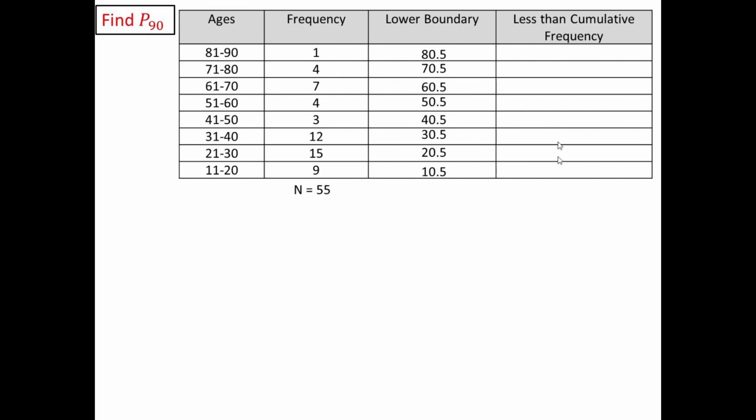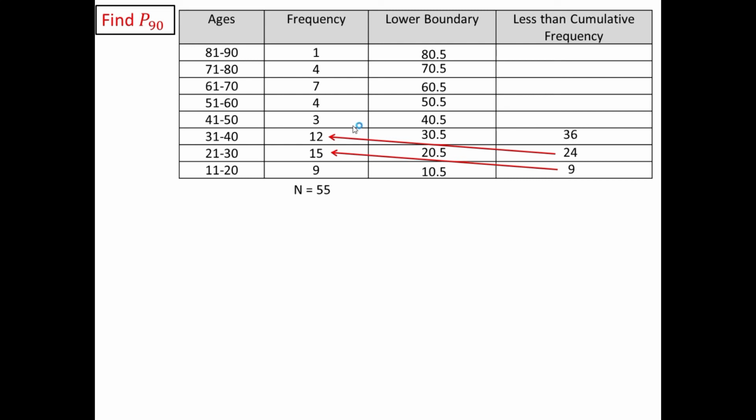Next, punta tayo kay less than cumulative frequency. Start ka sa frequency ng lowest class. So, which is 9. Copy mo lang. So, that's 9. Next, add mo yung susunod na frequency. That's 9 plus 15, we know that that is 24. Continue mo lang. 24, add it to the next frequency. 24 plus 12, and that is 36.